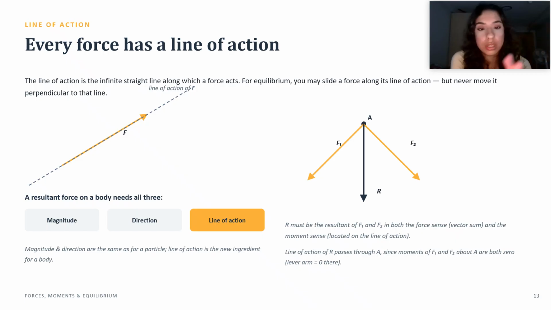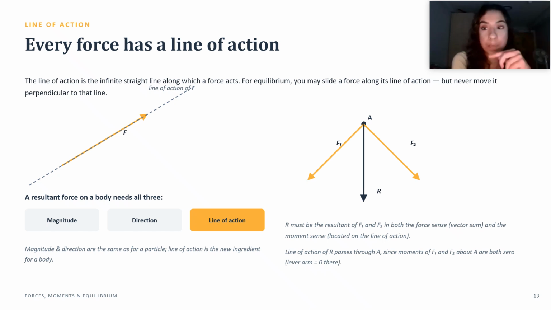Now, on the right diagram, you've got pivot A, you've got two forces, F1 and F2 acting on it. When you get the resultant force, it's going to go downwards. The line of action will go down through the resultant force. Whenever you have the resultant force going through the pivot, the moment will always be zero.